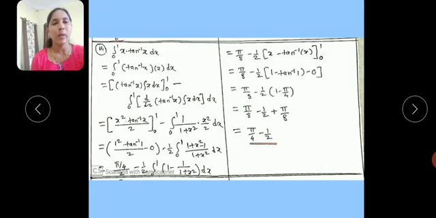This is equal to pi by 8 minus 1 by 2, here 1 as it is minus tan inverse of 1, the value of which is pi by 4. We get pi by 8 minus 1 by 2 plus pi by 8. Pi by 8 plus pi by 8 is 2 pi by 8, that is pi by 4, and this minus 1 by 2 as it is. We get the answer: pi by 4 minus 1 by 2.